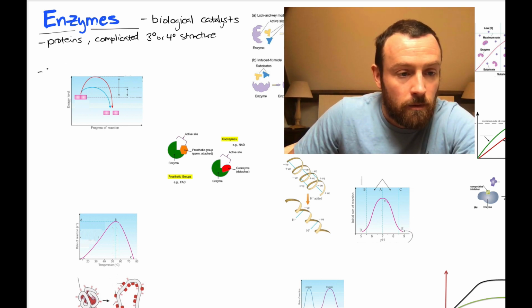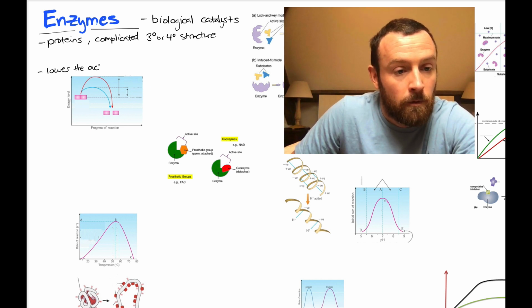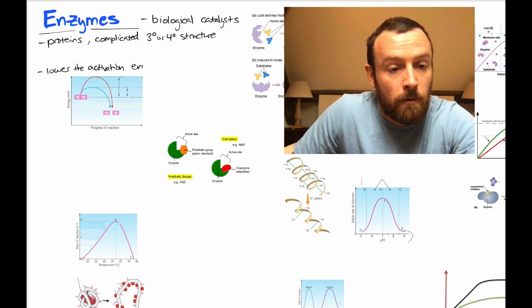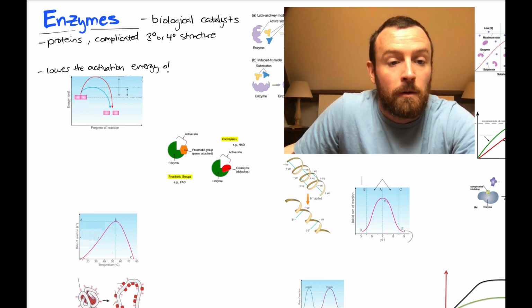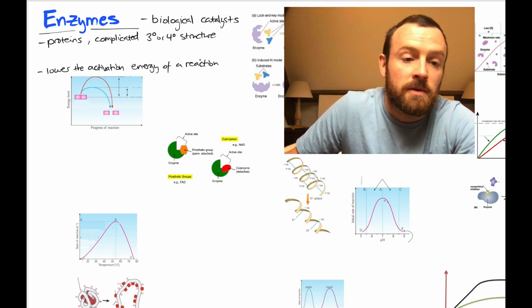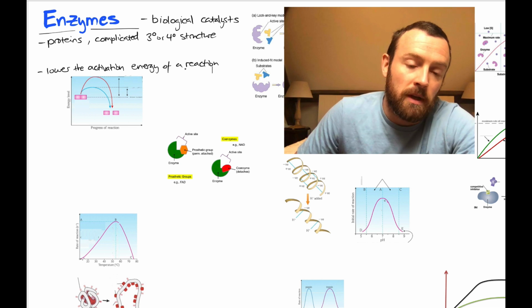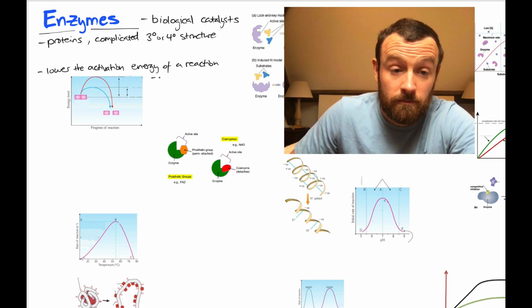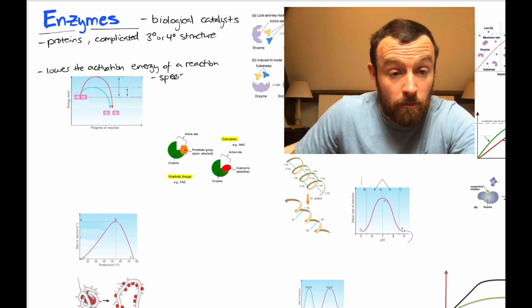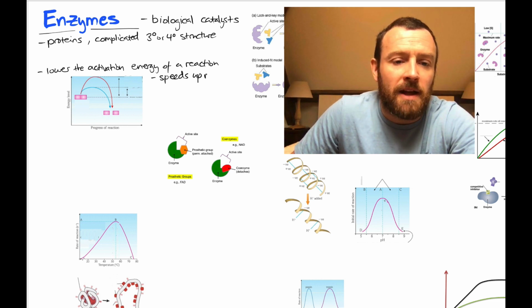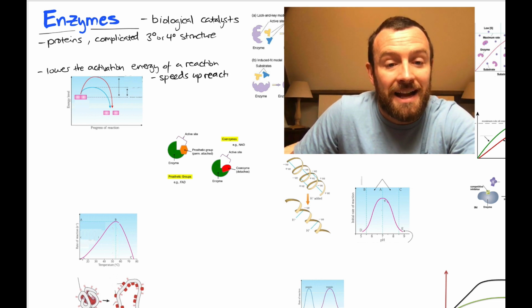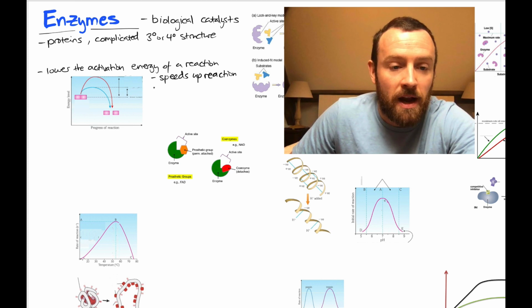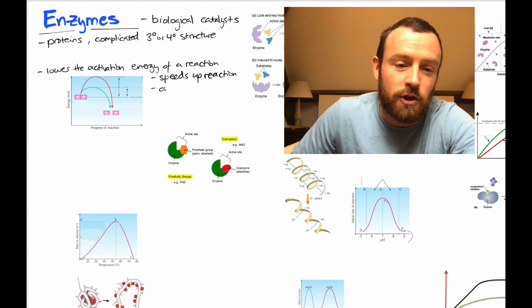So they lower the activation energy of a reaction, which speeds up the rate of reaction. So that's some just stuff on catalysts in general. They speed up a reaction, but they aren't used up.